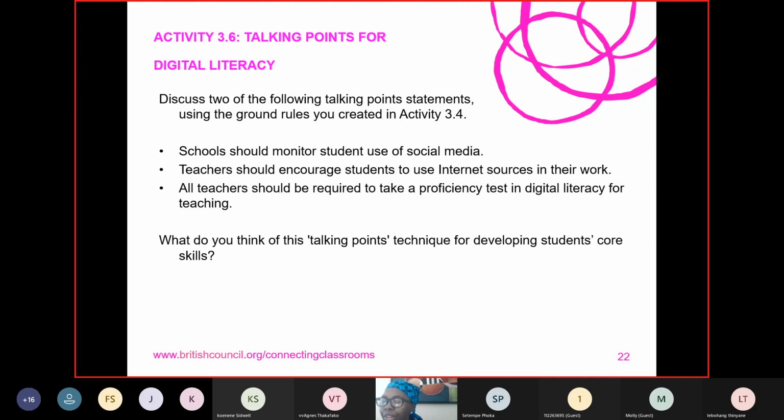The other thing that is very important for learners is they need to understand social responsibility. When you are on social media, you need to post things and ensure that you are responsible. You don't just post things for the sake of posting them. Understand the things that you are posting.